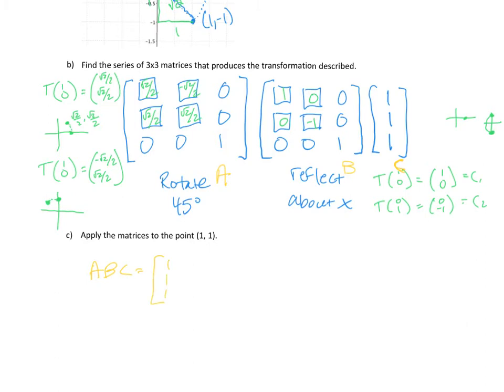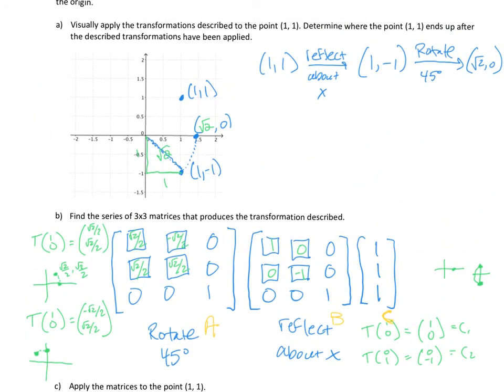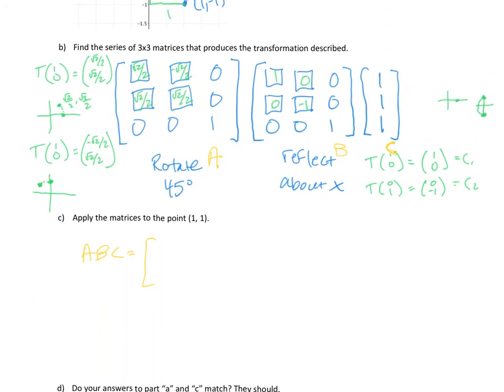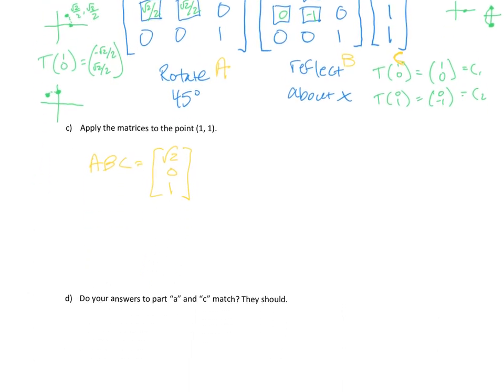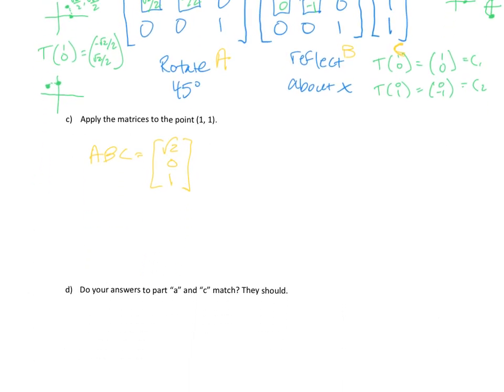I'm sorry, that's the data matrix. You should get the output that we got above, root 2, 0, and then a 1 for the homogeneous coordinates. Do your answers match? Right, they should.